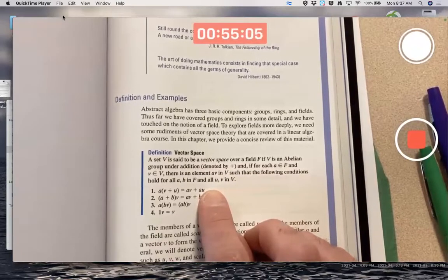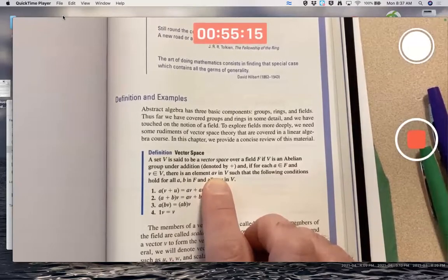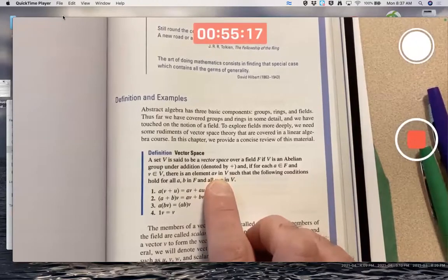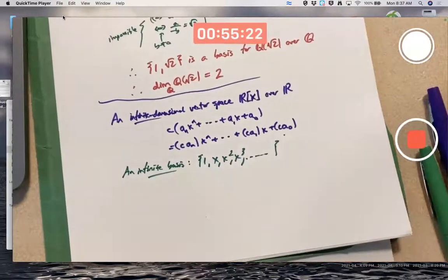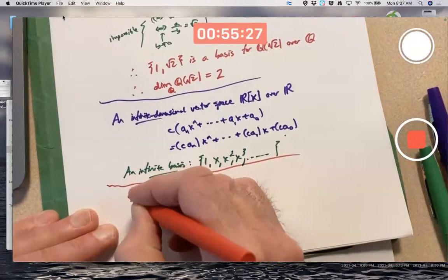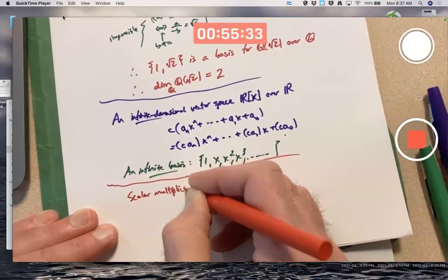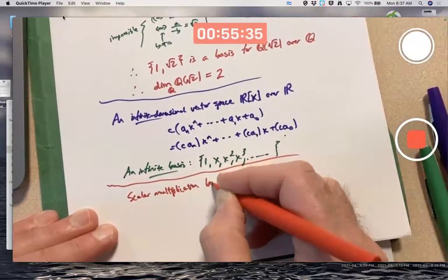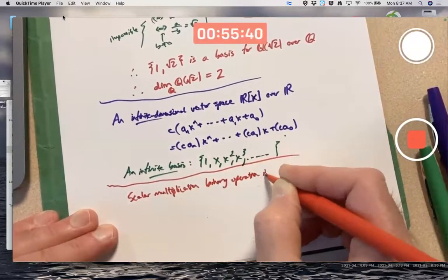We've got some outside field with scalars, and we're multiplying A times V, where A is a scalar from F and V is a vector in V. So the closure here, the binary operation going on, is a different kind of binary operation. The scalar multiplication binary operation is of a different type.